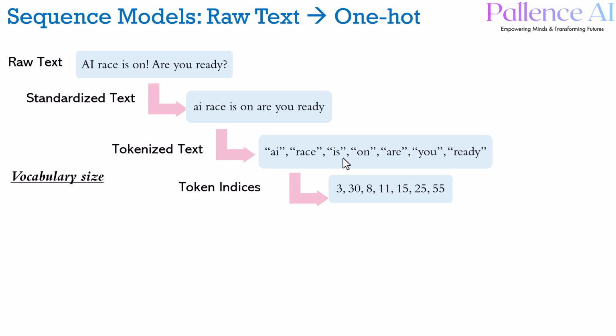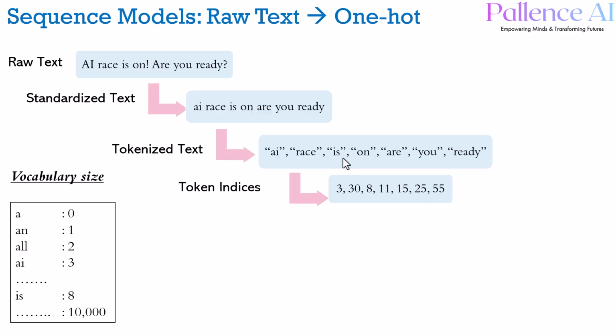Typically we set a vocabulary size when dealing with sequence models, because the vocabulary can become pretty big. So we choose some kind of cutoff just to make it manageable. Let's say we choose a vocabulary size of 10,000. In our data set we could have 50,000 unique words, but we're going to cap at 10,000 unique words. And with that, we index each word.